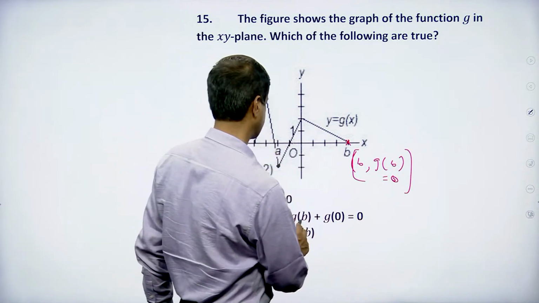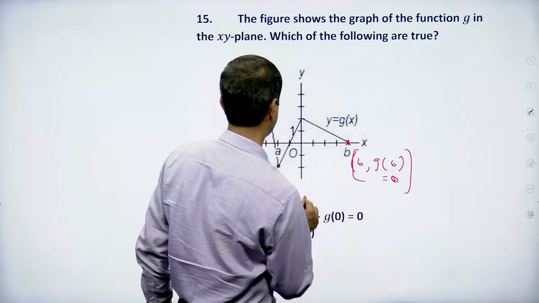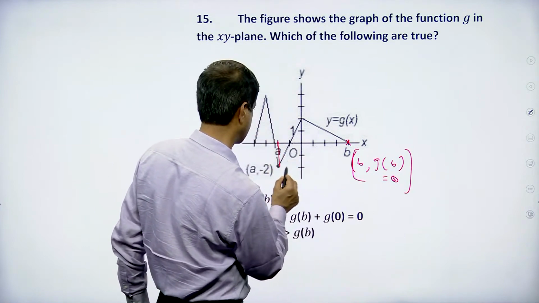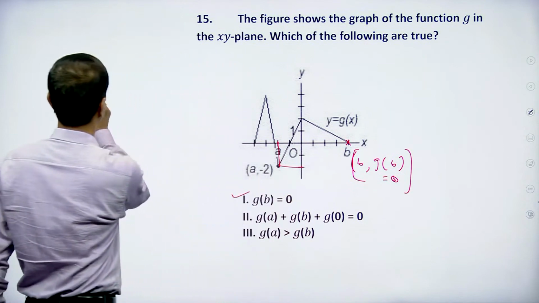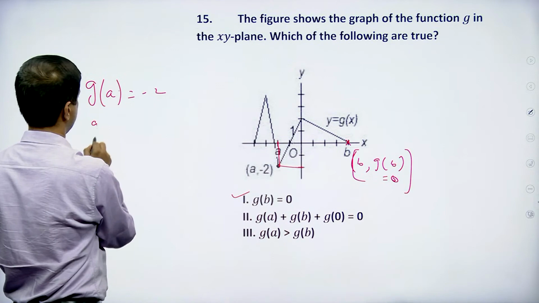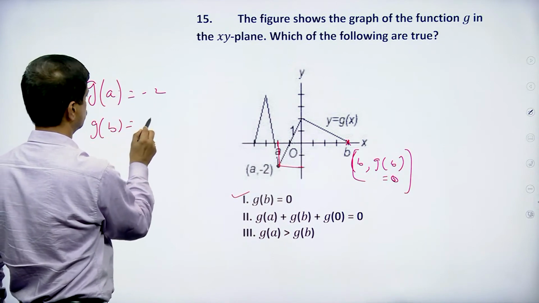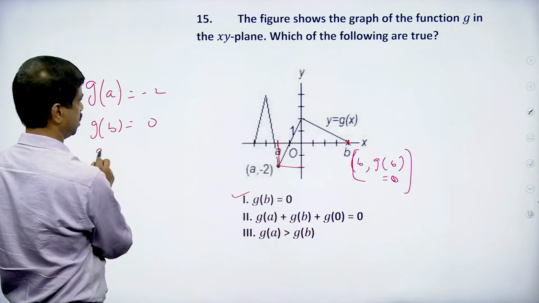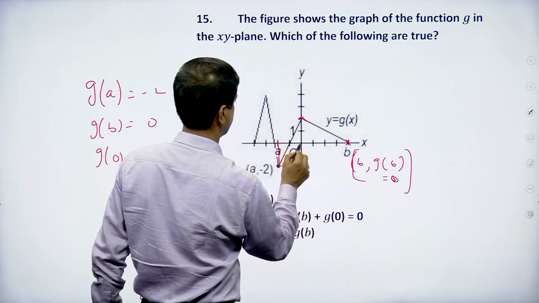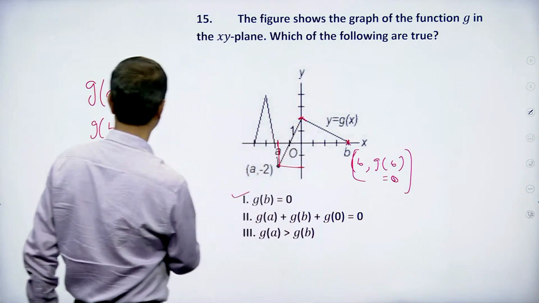Second one, g of a plus g of b plus g of 0. What is g of a? X is a, y is this, minus 2. g of a is minus 2. g of b equal to 0 and g of 0 is this. So, when x is 0, y is 2.